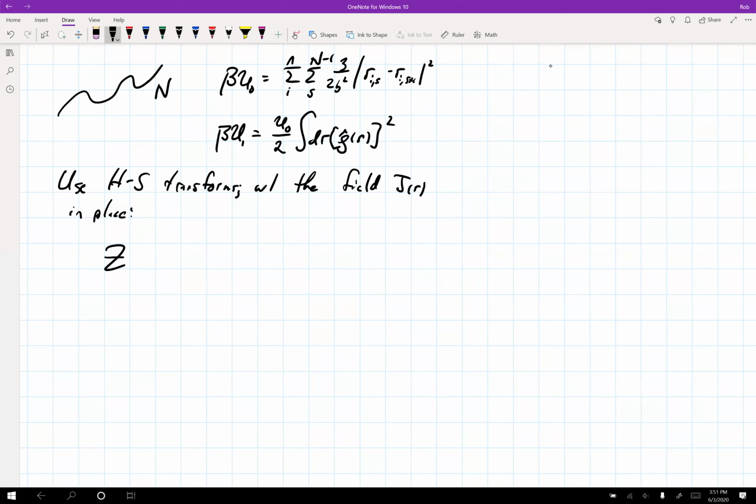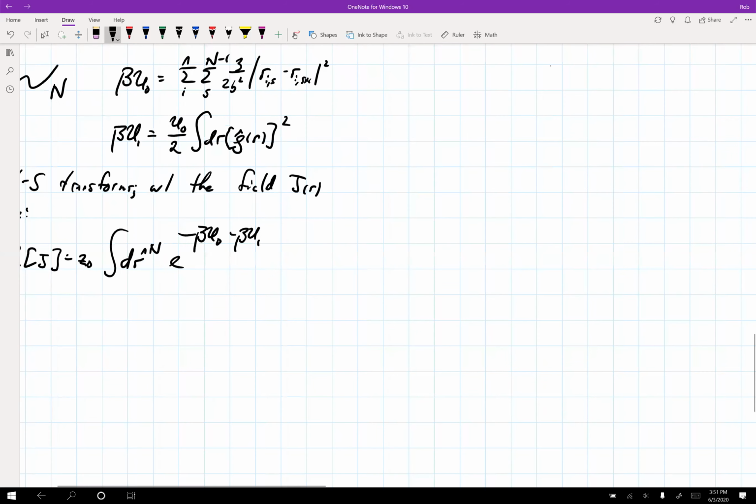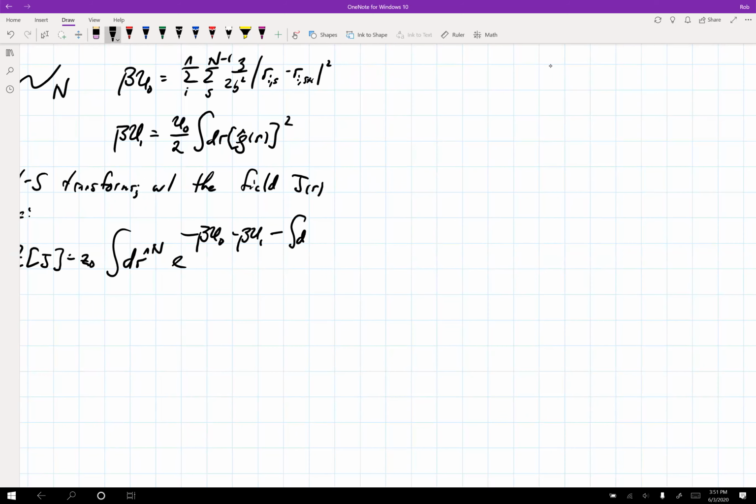So our total partition function Z of J is Z0 times the integral over the chain configurations, e to the minus beta u0 minus beta u1, then minus integral dr J of r rho hat of r.